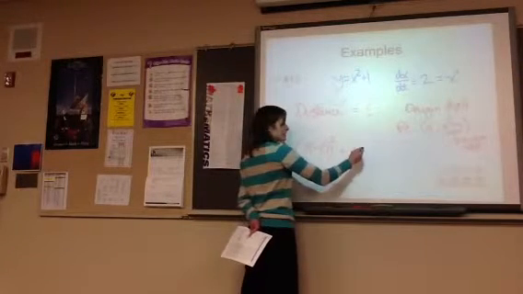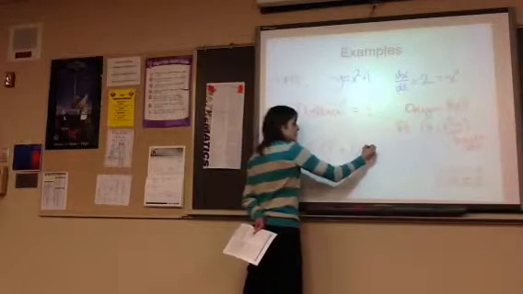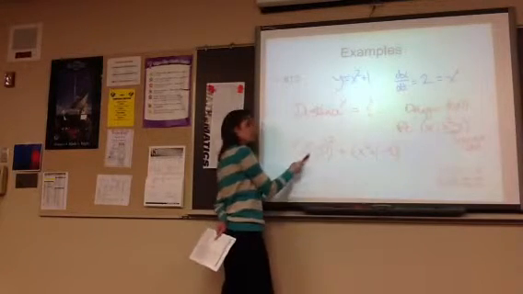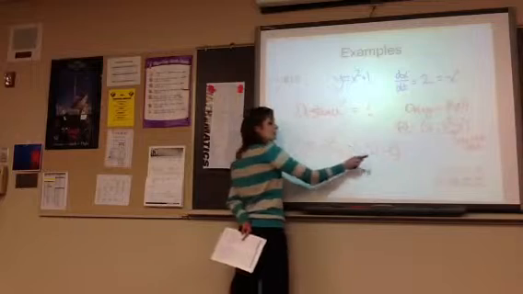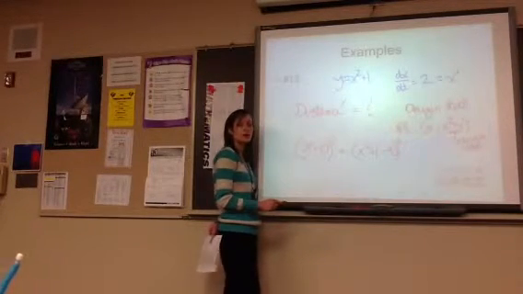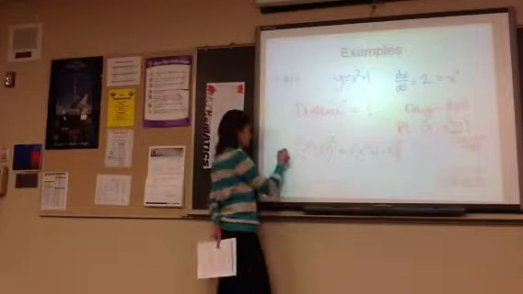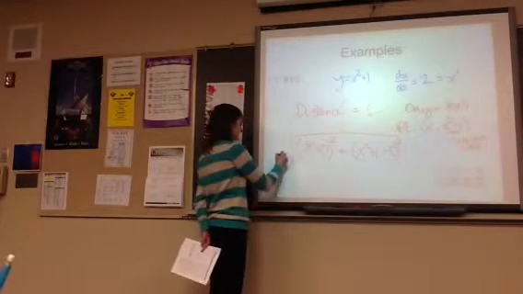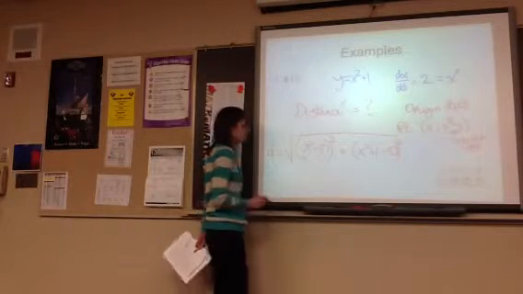Add the distance of the other point. So you find the difference in your x's, the difference in your y's. You square them. And then what do you do with that? Unsquare it. It is like the Pythagorean theorem.